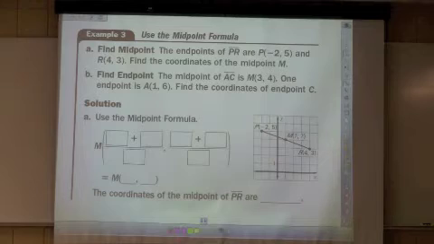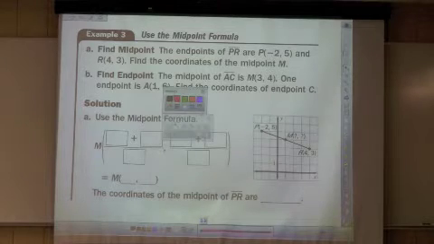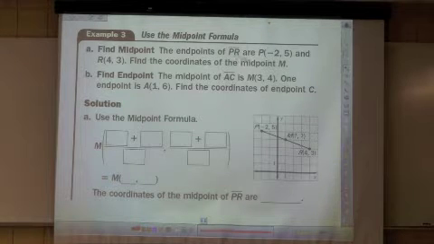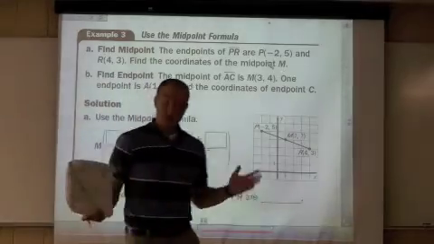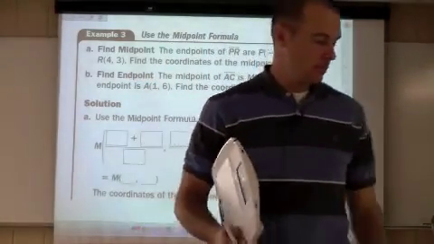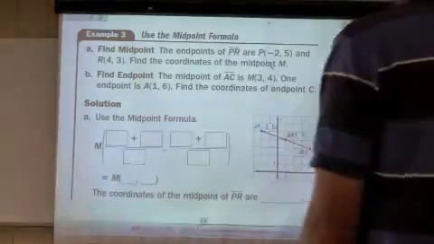Let's apply it once here. It says find the midpoint if the endpoints of PR are negative 2, 5, and 4, 3. I don't want to have to go and graph this thing and plot the points. So how could we use the midpoint formula to find the midpoint of this segment?